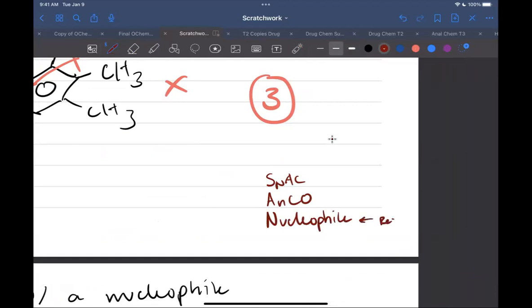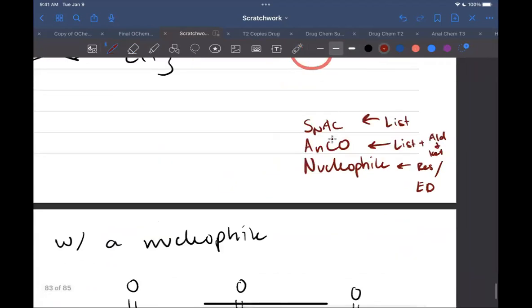For this one, you look at resonance or the electron density. For this one you look at the chart or the list, and this is the same list, but now you consider aldehydes and ketones. So now let's answer these questions.